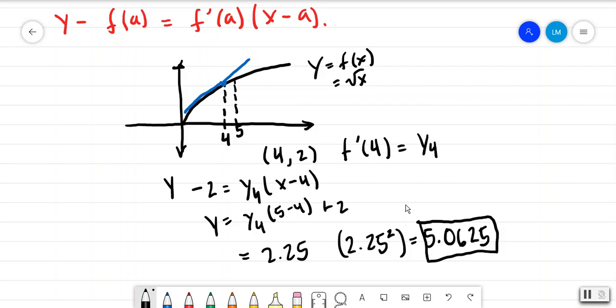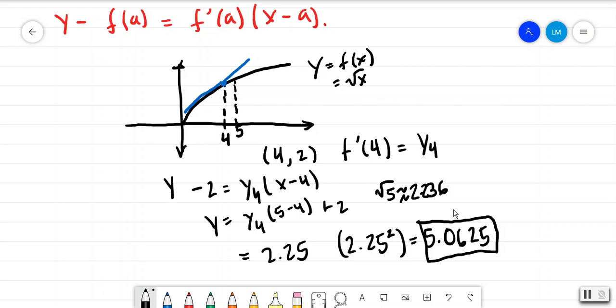It's actually pretty close to the true value of the square root of 5, which is approximately 2.236. So we're only off by a little bit. We can say that the error is 2.25 minus 2.236, or we can just say the error is from when we squared it.